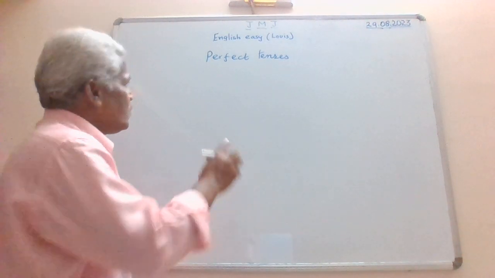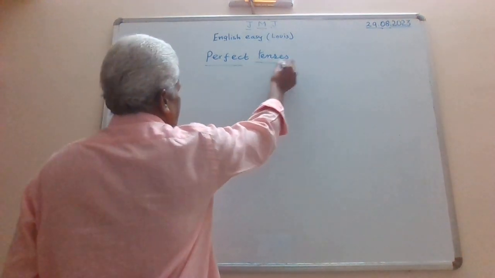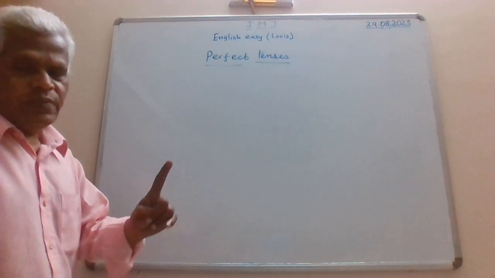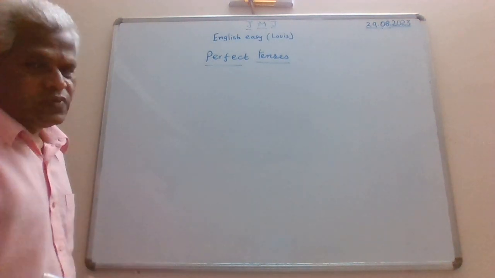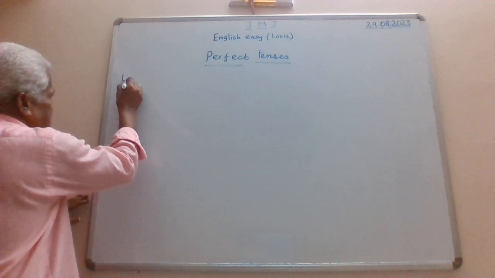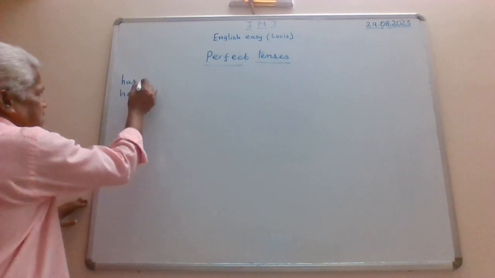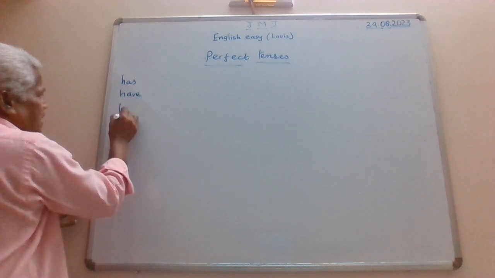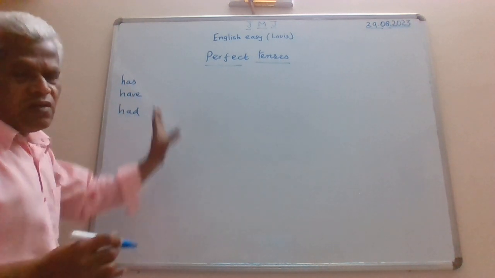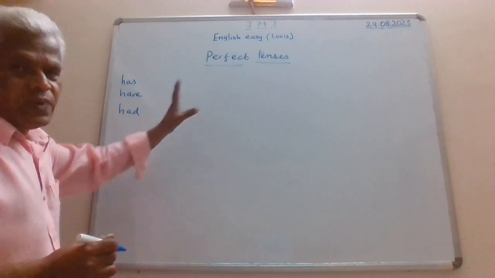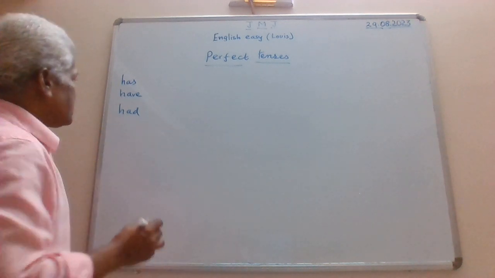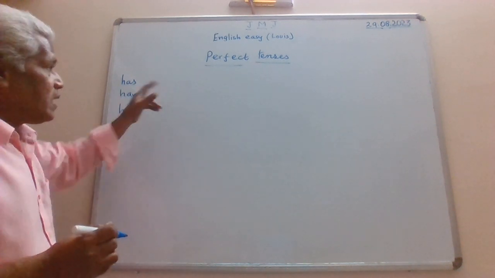First of all, we go into the present perfect tense. Remember the auxiliary verbs: has, have, and had. And remember, we will consider all the perfect tenses today, so that will help us.